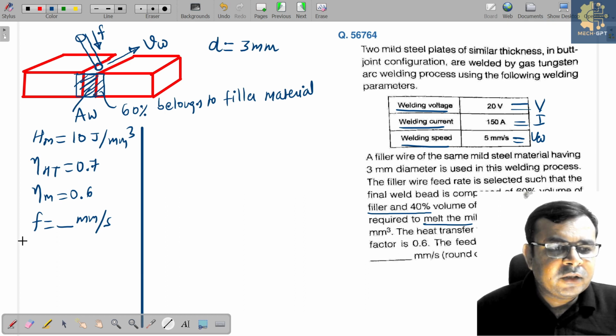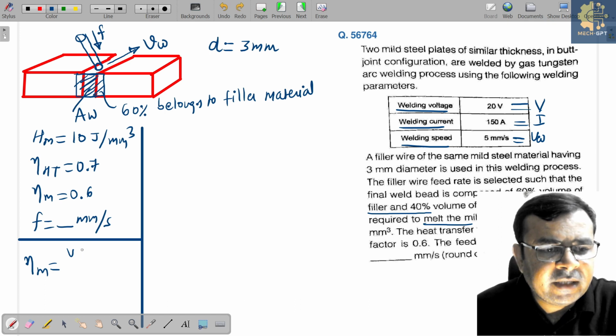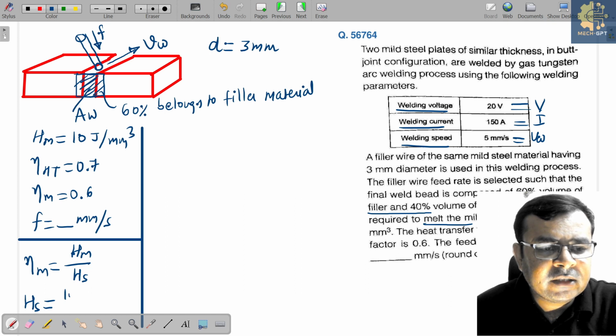While solving this question, first we can use the melting efficiency, which is nothing but heat required for melting over heat supplied. So from this can I calculate heat supplied, which is 10 joule over 0.6.